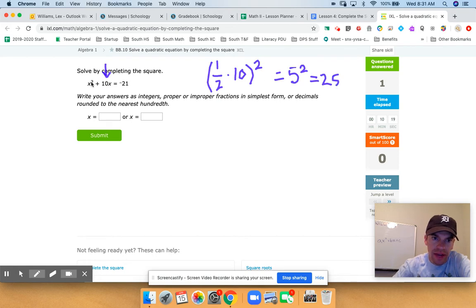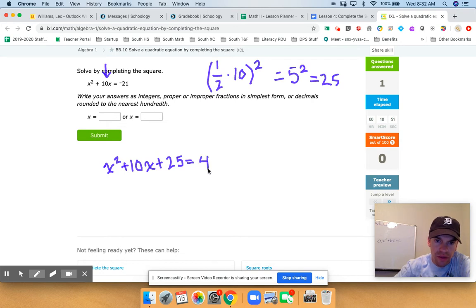So right now we have x squared plus 10x plus 25. And since we're adding 25 to the left side, we have to add that to the right. So after we add 25 to each side, x squared plus 10x plus 25 that we just figured out is equal to, well, negative 21 plus 25 is just 4.